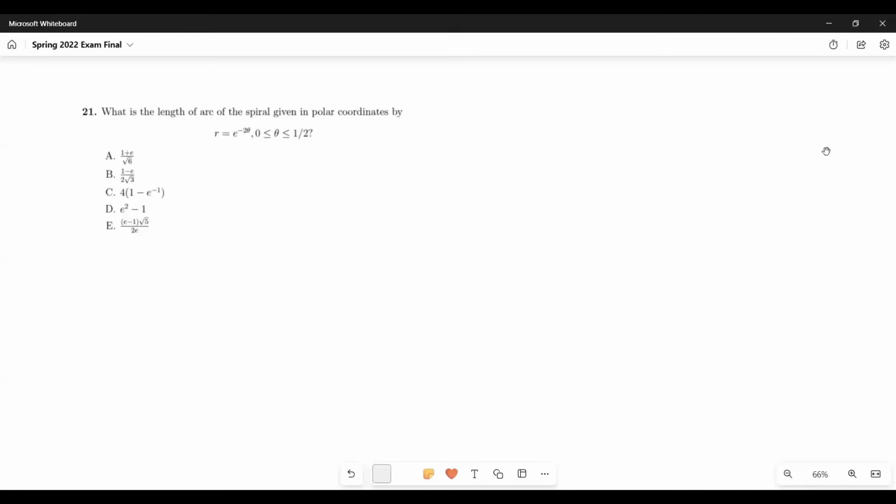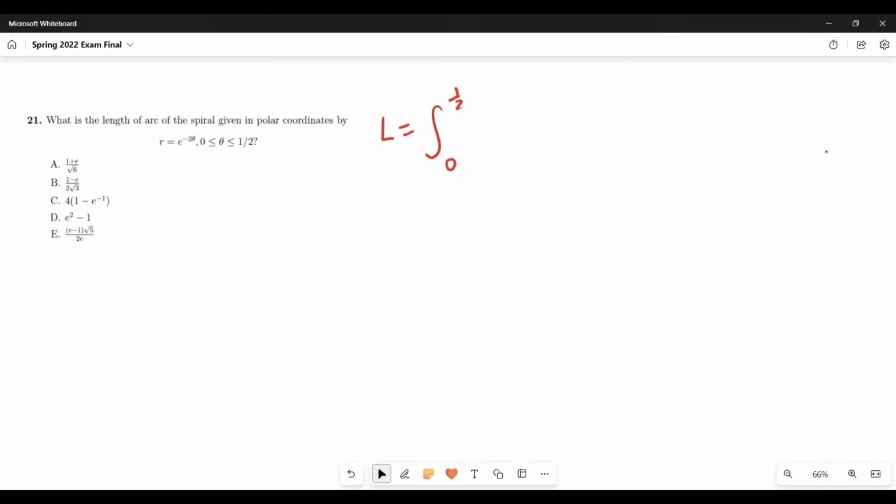Okay, this question is asking to find the length of arc of the polar curve. Lovely, and we're given the bounds. If you remember, the length of arc of the polar curve is the integral from 0 to 1 over 2 of the square root of r squared plus (dr over d theta) squared, d theta.